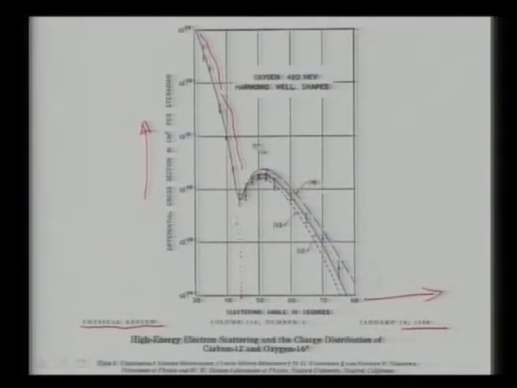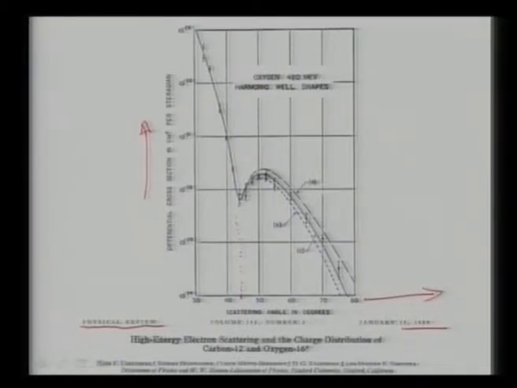Now, there are dashed lines and other things, do not worry about that, you just look at the experimental data. These points with bars are the experimental data, and you can just see how the experimental data are going. They are decreasing, and then they are going through a minimum, and then again they are increasing, reaching a maximum, and then again going down.